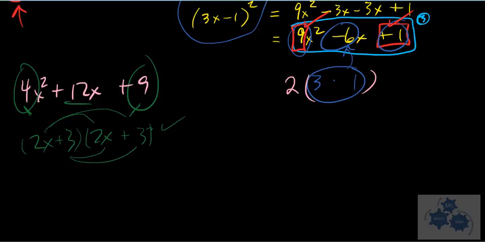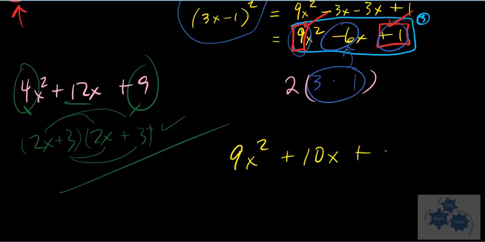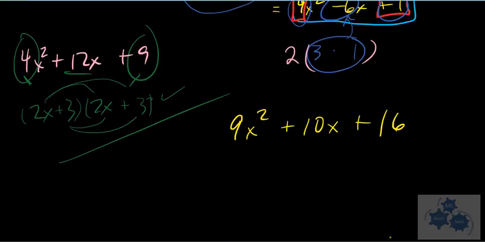Okay. So there are some characteristics that you might be able to recognize. Okay. What about this one? 9x squared plus 10x plus 16. Could this be a perfect square trinomial? Is this a perfect square? Is this a perfect square?